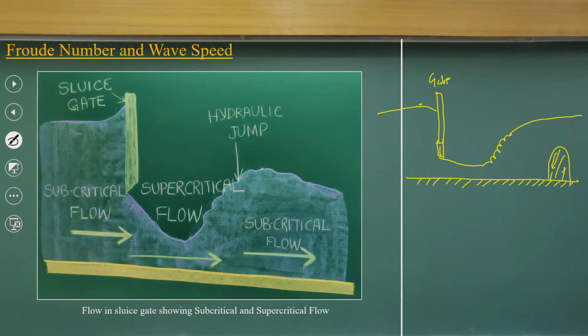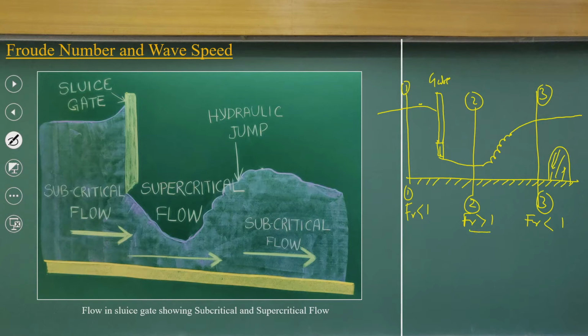If I take sections 1-1, 2-2 or 3-3, these regions will have a Froude number less than 1, and this region greater than 1, then less than 1. So this is the supercritical flow to subcritical flow.